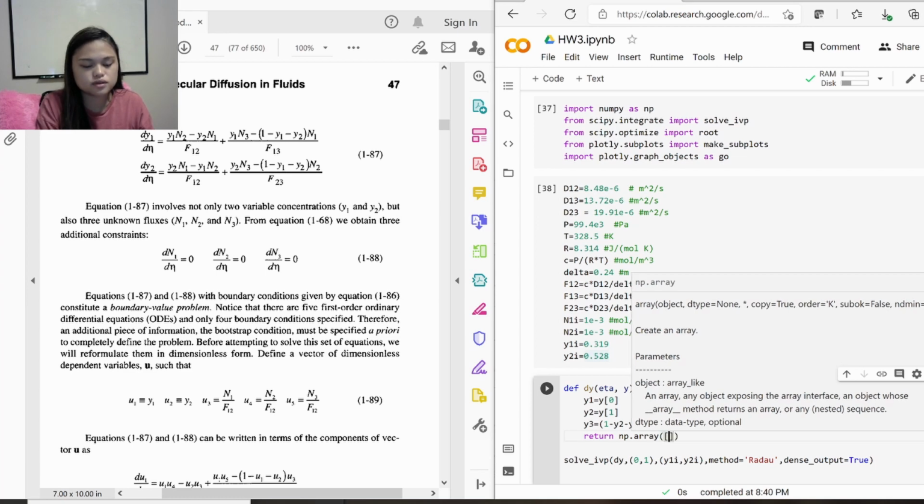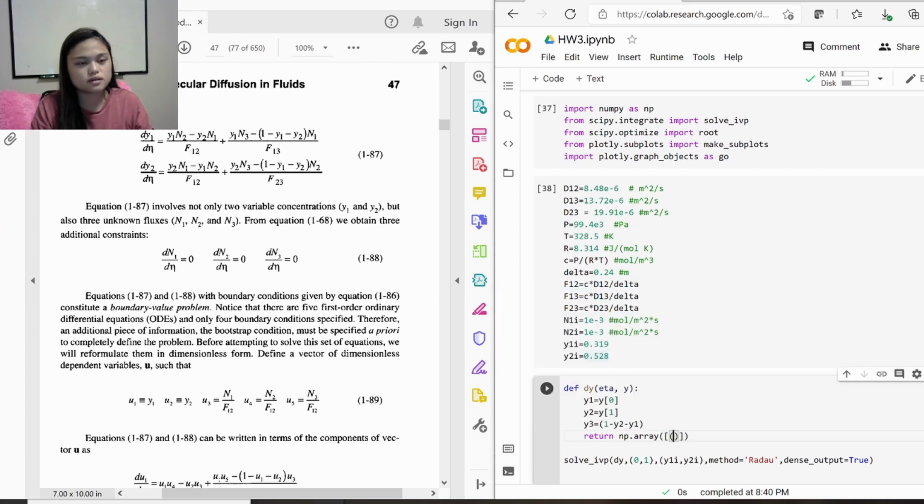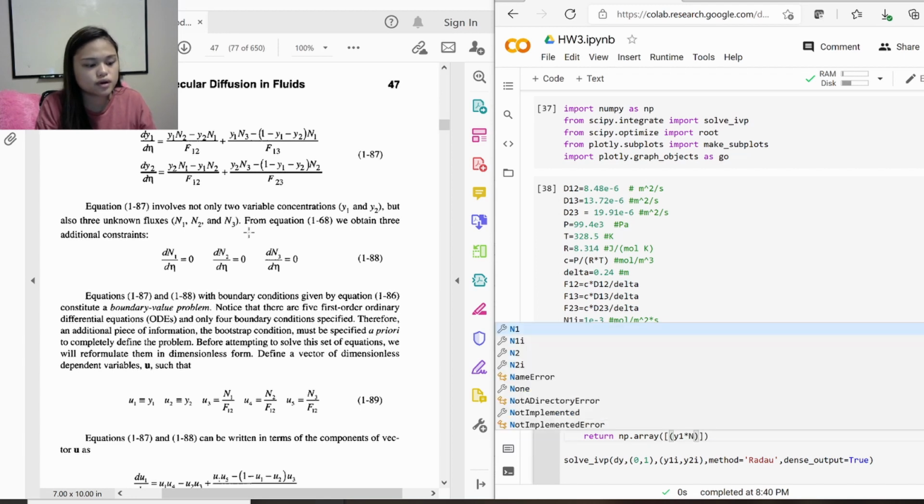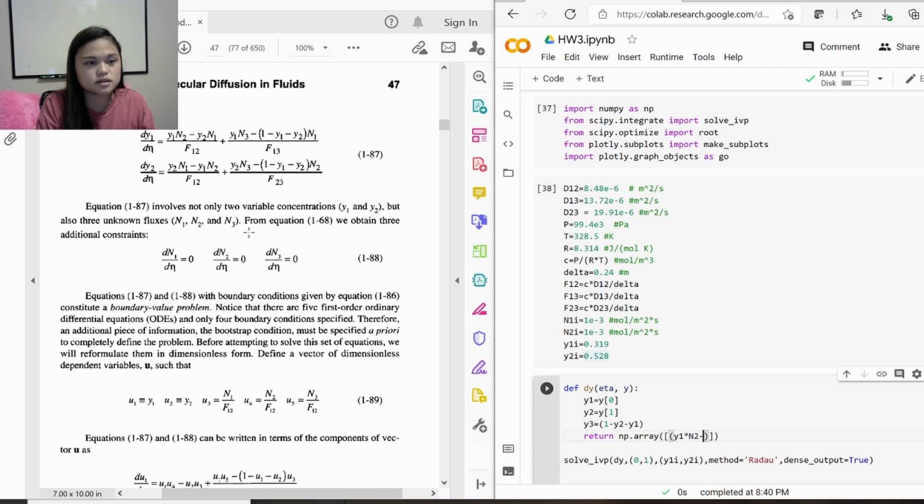Okay, so now we have to write out our expression starting here. So the mole fraction for acetone multiplied by the molar flux for methanol minus the mole fraction for methanol multiplied by the molar flux of acetone, close that parentheses, put it all over F12.